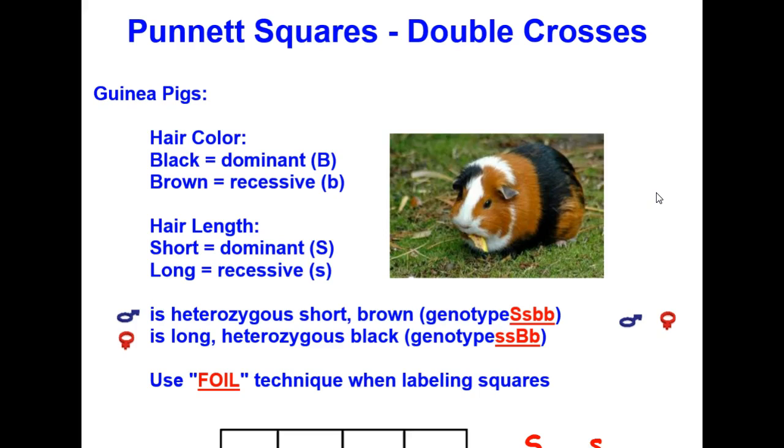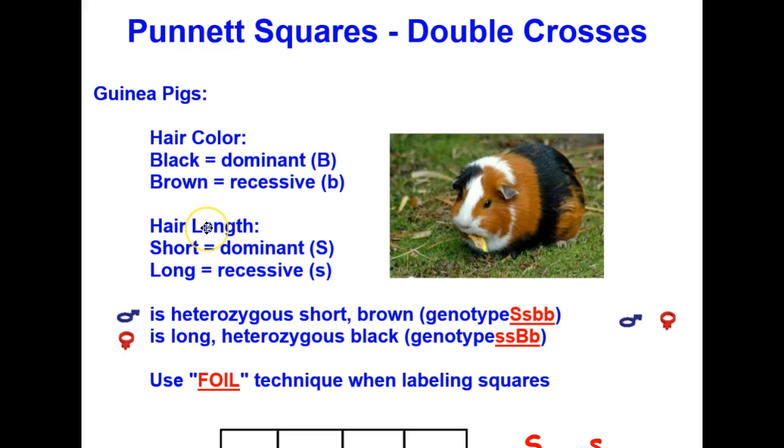Now that you've had some practice doing some simple Punnett squares, let's give a double cross or dihybrid cross a try. We're going to use an example of this guinea pig here, which for hair color, black is dominant, therefore capital B, and the brown color is recessive and therefore lowercase b.